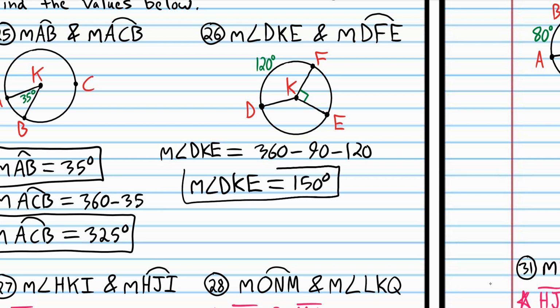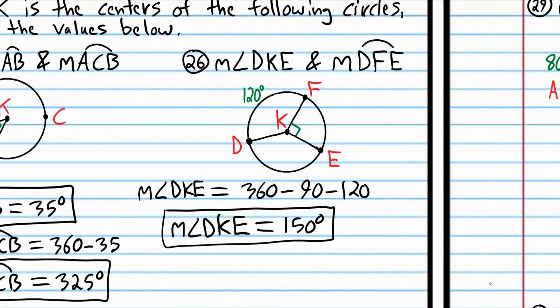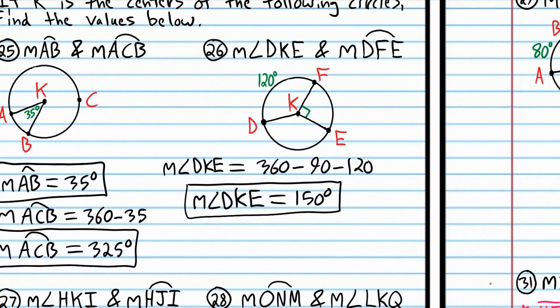That's the first part of the problem, and we need the measure of arc DFE. So just be aware that these angles and these arcs, they're different things, even though they sometimes end up being defined to be the same magnitude. So measure of arc DFE, that's the arc from here all the way to here.